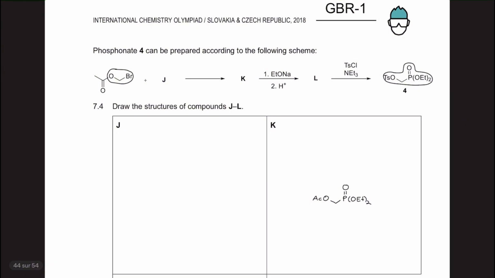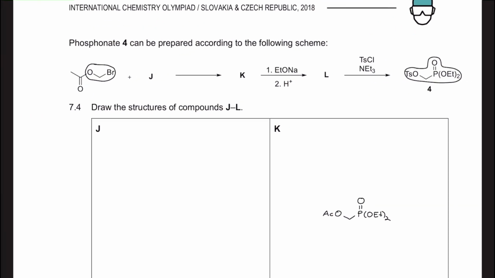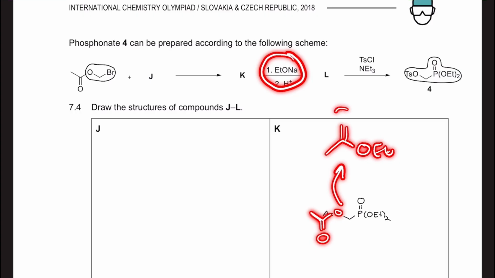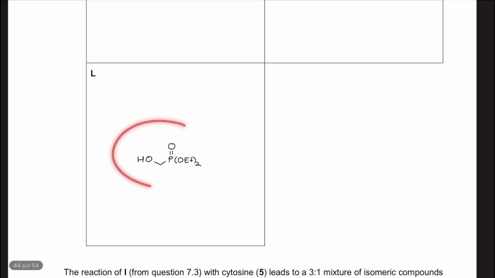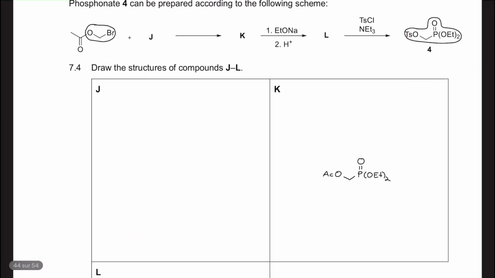Before this acetate group, it exists like this, right? And after we treat it with sodium ethoxide, you'll get the ethyl acetate out, and then you will get L as a product. So yeah, I think that's how you do it.